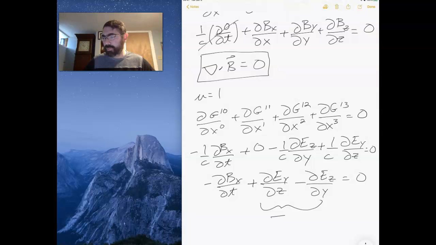This is the curl of E, the x component of that.